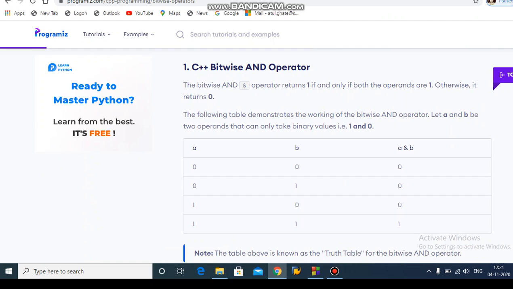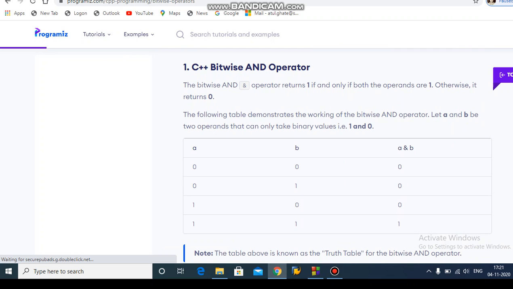This is the truth table. You must write this example and truth table also, because without the truth table you cannot calculate.